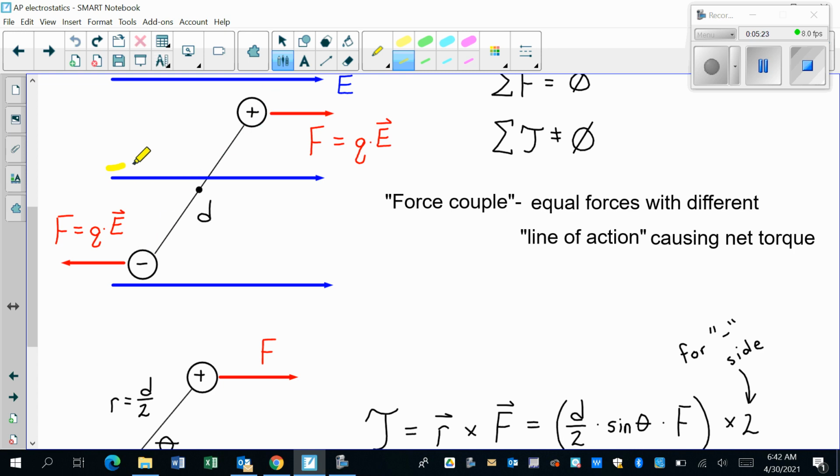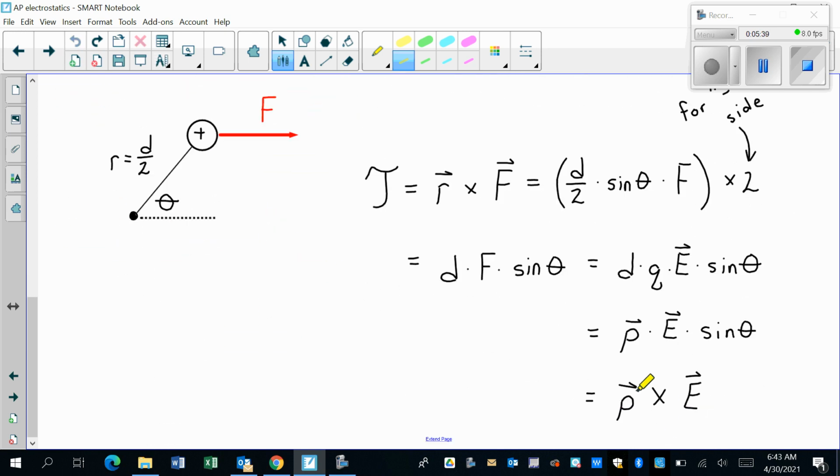If this thing is aligned horizontally, so if P and E are in the same direction, then I'm going to have these two forces pulling in the same line of action, and I get zero net torque. So I do have to have some perpendicular component, hence the cross product.